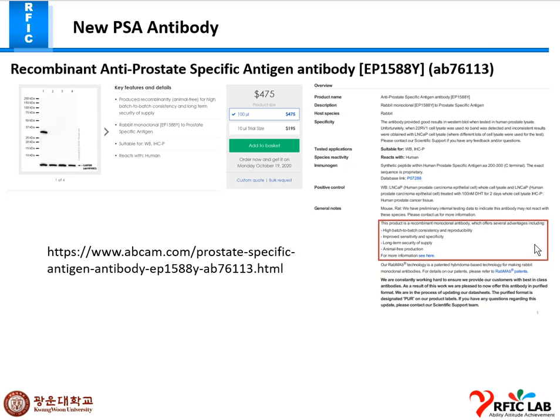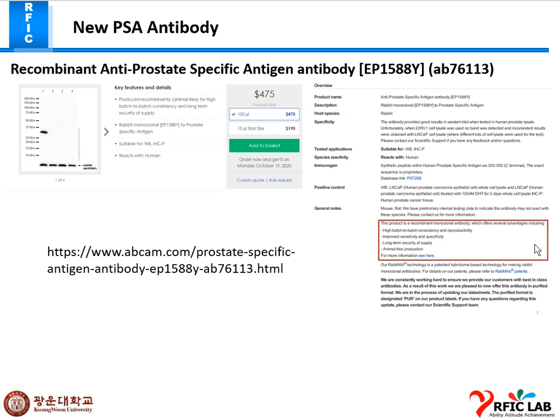And so this is the new PSA antibody. I'm curious about this product because it is basically a recombinant monoclonal antibody. We have checked that there are many different kinds of antibody, like monoclonal and polyclonal, but in our case monoclonal is better than polyclonal.